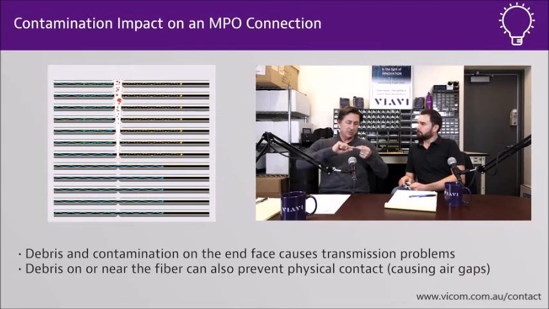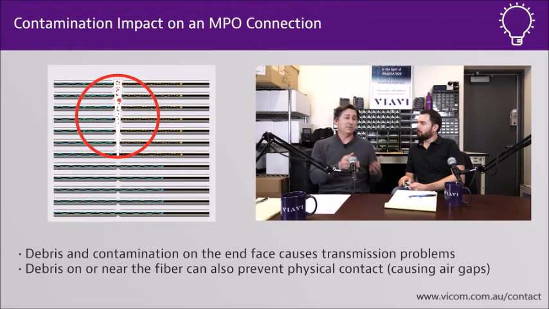We need those two fibers to physically come into contact, and there's no air, there's no daylight. With an MPO, you've got all these fibers in this array, and they're all coming together. And if one of them gets blocked, if one of them is prevented from physically contacting, the neighboring fibers can also be prevented from physically contacting. We have a theory on it, a model on it, and then we've demonstrated it, we've tested it.